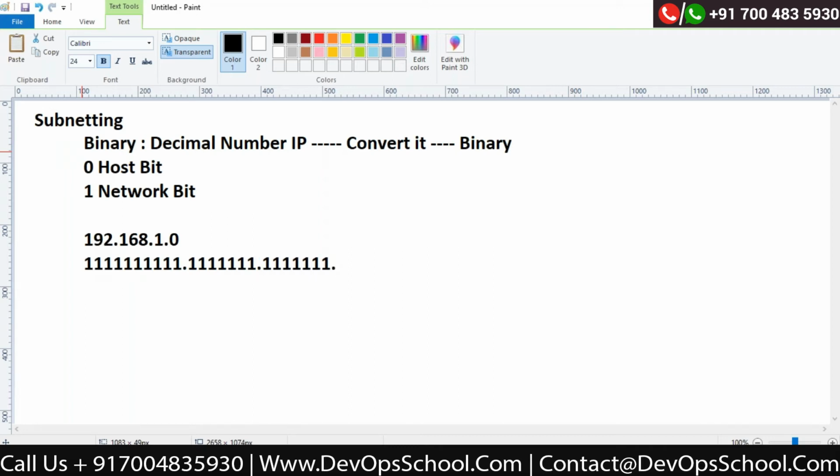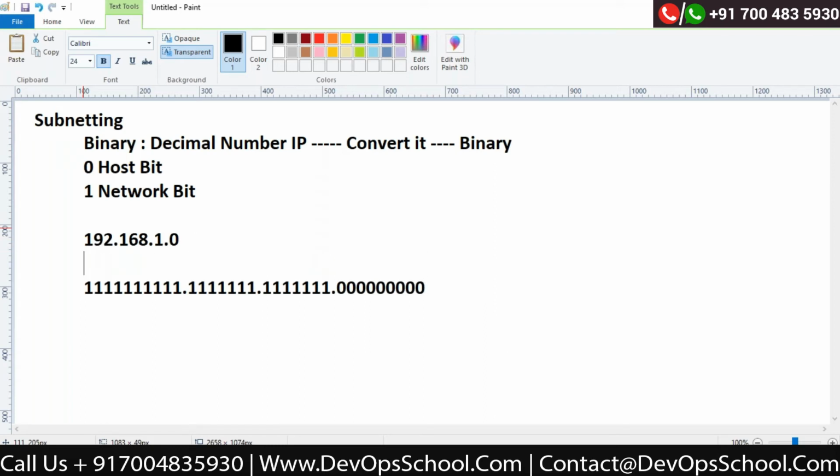I'm just talking about network bits, okay? Because this is my network. And finally, I do have my host, but I'm not doing the conversion of 192.168, I'm doing the conversion of 255.255.255.0, correct? This 255 is nothing but my network ID. This 255 would be my network bit. And what is last? Last would be my host bit.